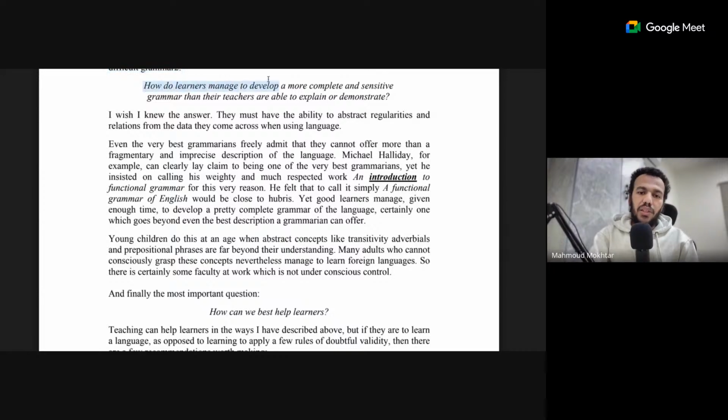How do learners manage to develop a more complete and sensitive grammar than their teachers are able to explain or demonstrate? I wish I knew the answer. They must have the ability to abstract regularities and relations from the data they come across when using language.